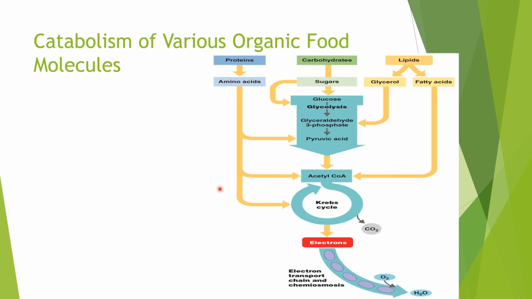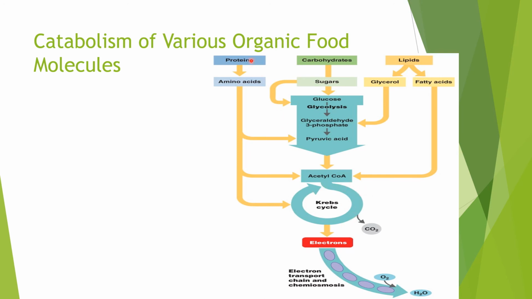This image right here kind of shows you that we don't just break down glucose, even though, again, glucose is usually what we talk about because it is the easiest to break down. But as I was saying, we can break down lipids, which are our fats. We can break down proteins. And as you can see, when you break down lipids and you get some glycerol and some fatty acids, those byproducts are either going to enter into the glycolysis cycle, or they're going to enter into the step right before the Krebs cycle.